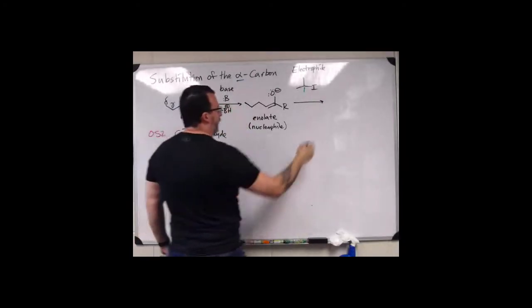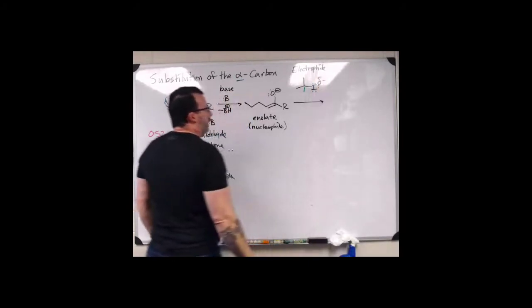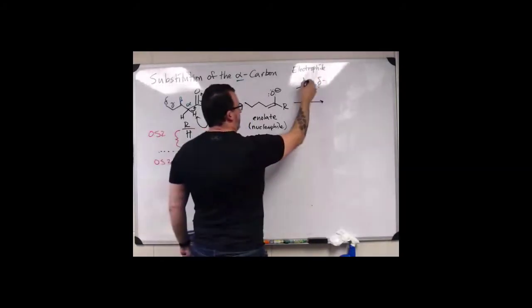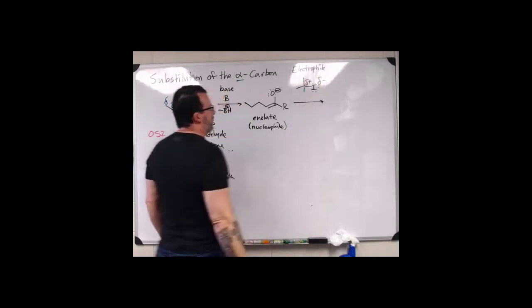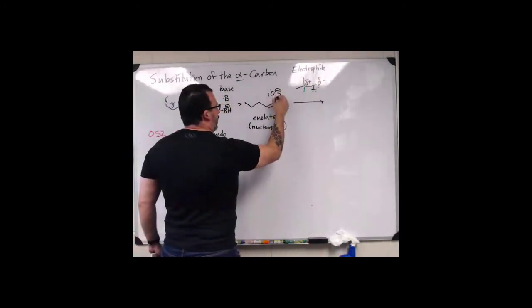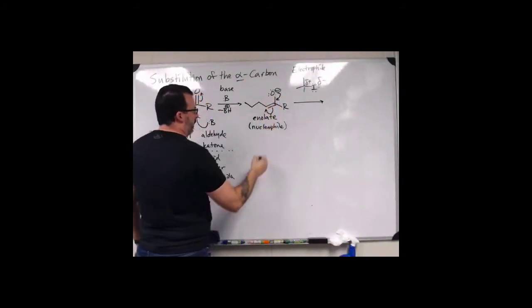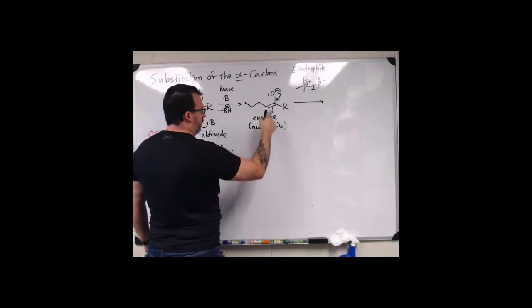We plug in our lone pairs, we have delta minus, the carbon is therefore delta plus. So we can draw a resonance form of this enolate, where we're actually showing the negative charge residing on the alpha carbon.